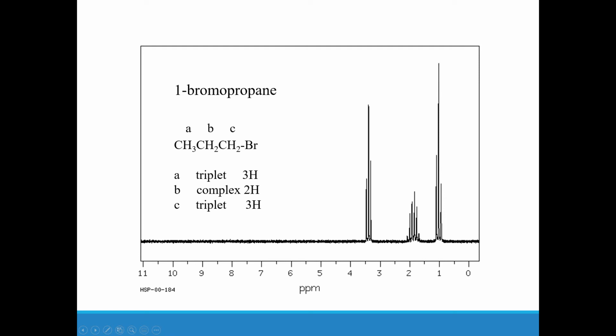The next one would be the closest one, which has 2 neighboring hydrogens, so a triplet, 1, 2, 3. And then the one in the middle, which has 5 neighboring hydrogens, which makes it complex. So we expect 1, 2, 3, 4, 5, 6. So the one in the middle is our middle group.